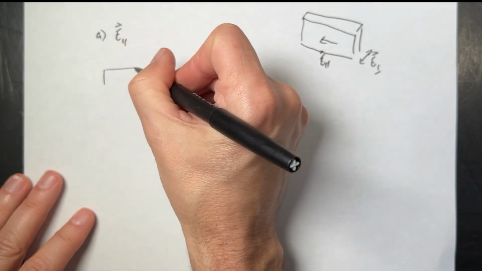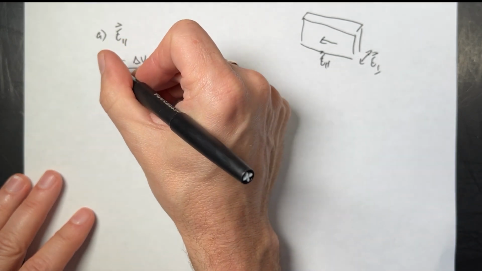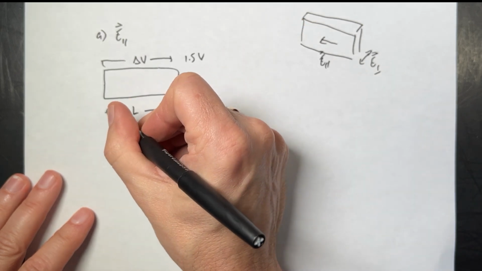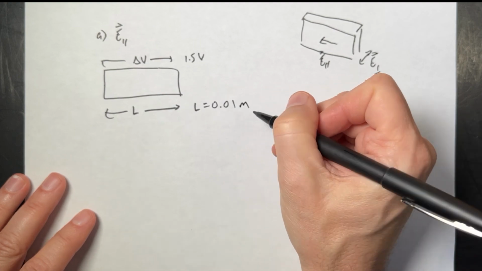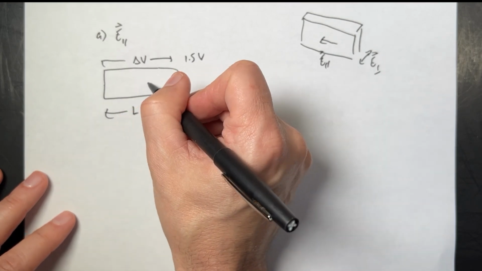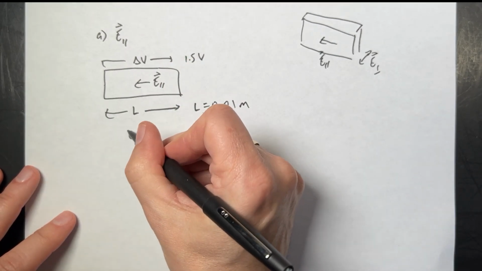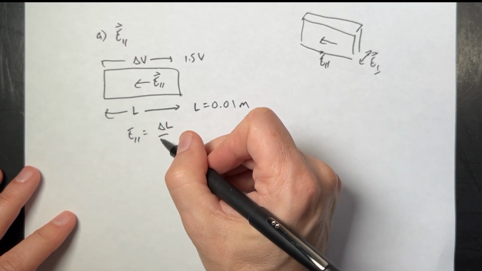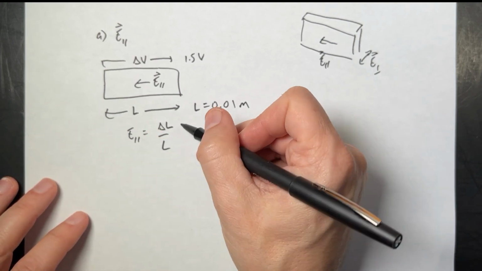Well, if I look at the bar from the side, I know delta V is 1.5 volts. I also know the length, L, is 0.01 meters. So if we assume a constant electric field, and we know the current's going this way, so the electric field is going to be that way, then we can find the magnitude. E parallel is just going to be delta V over L. It's actually negative that, but we're going to do the direction anyway.